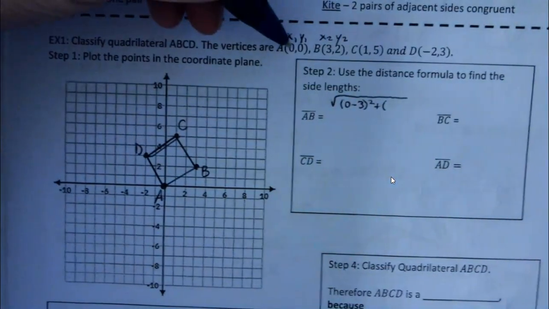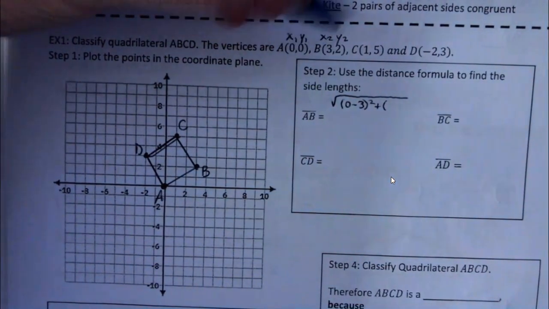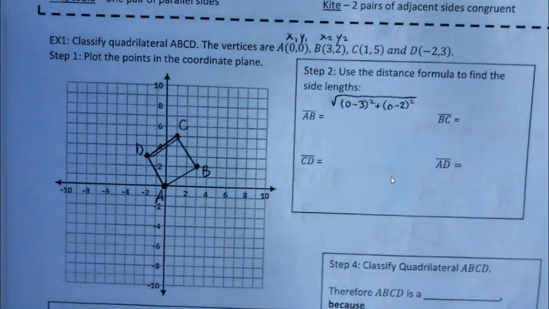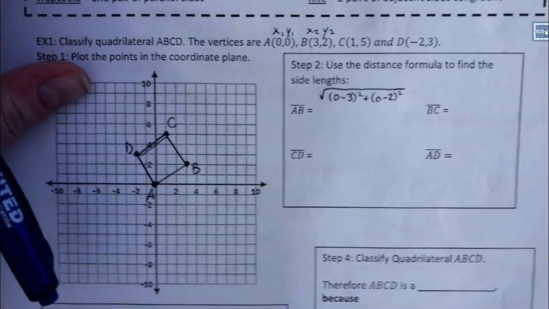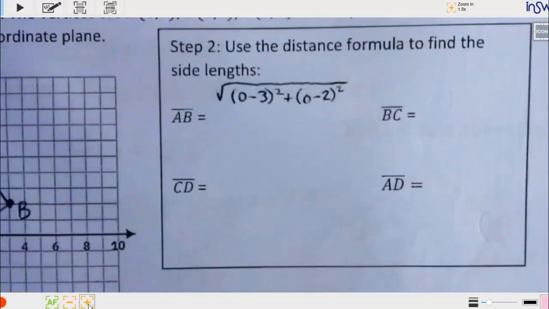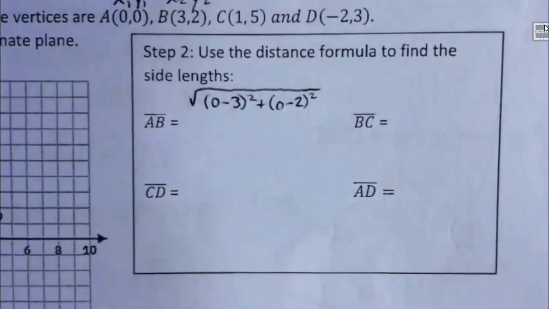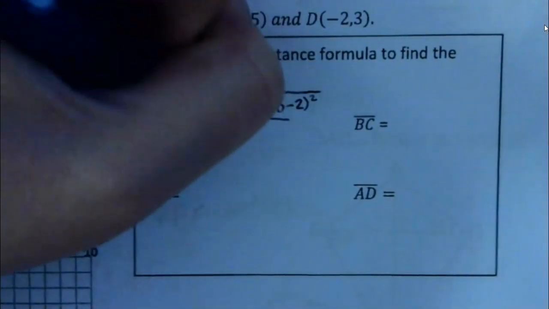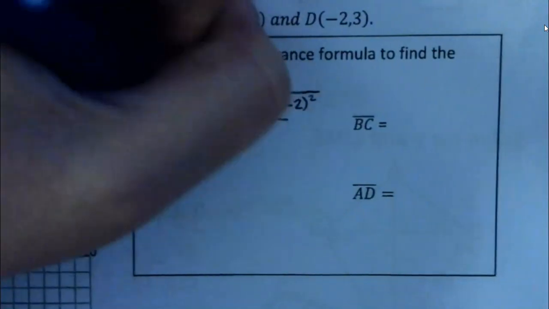I'm just plugging in x1 minus x2, y1 minus y2, 0 minus 2 squared, into the distance formula. I might zoom this in a little bit so it's not so tiny. And then what do we have next? All right. Negative 3 squared plus negative 2 squared.